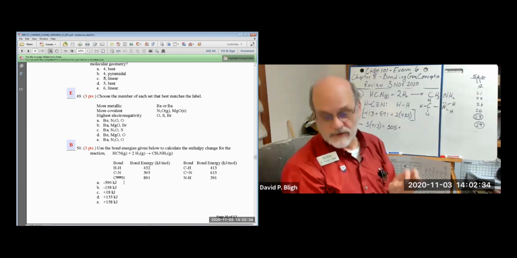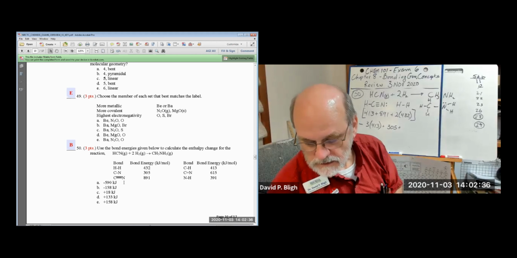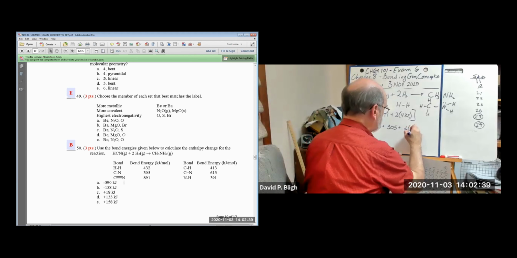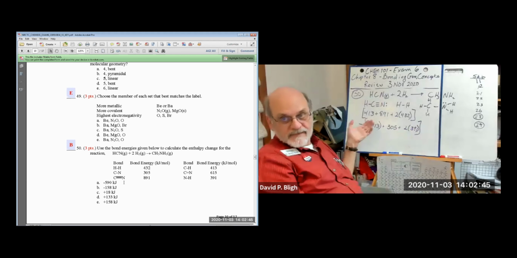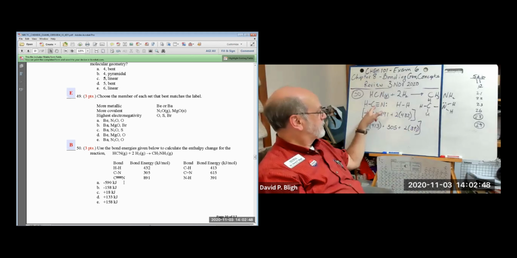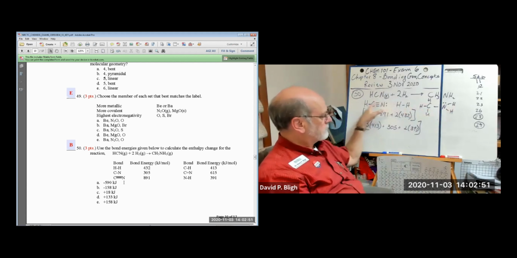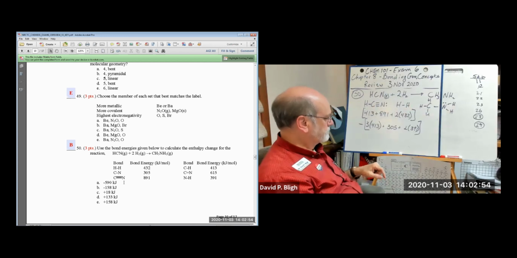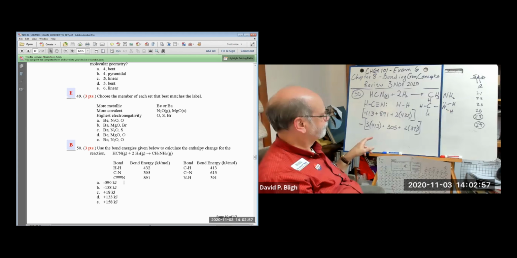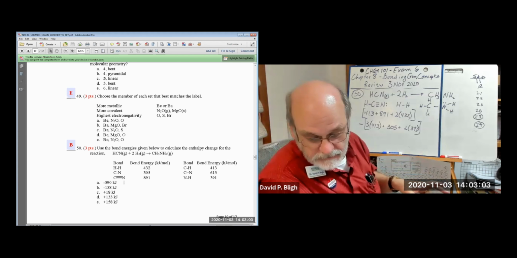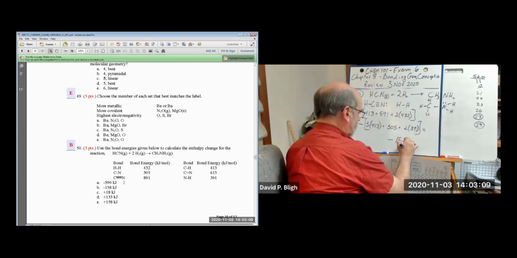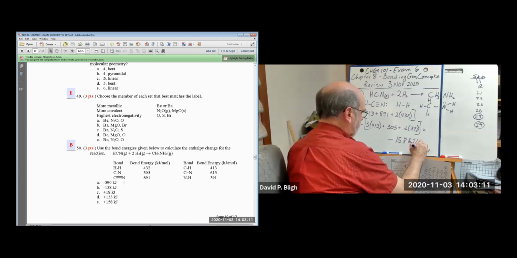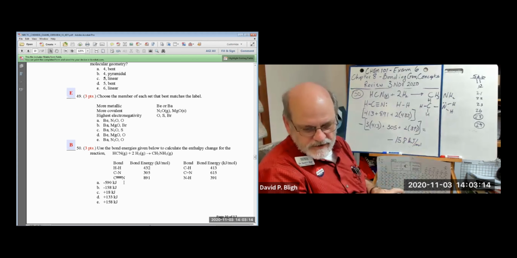And then we have two nitrogen-hydrogen bonds, 391. There you go. That's the work. That's the hard work. Actually, the hard work is knowing this right here. So the answer should be minus 158. Which is B.